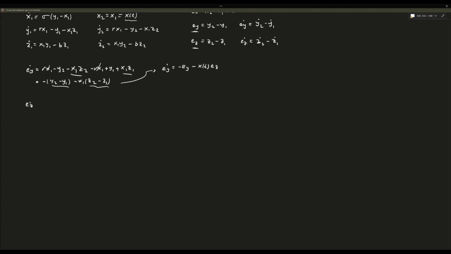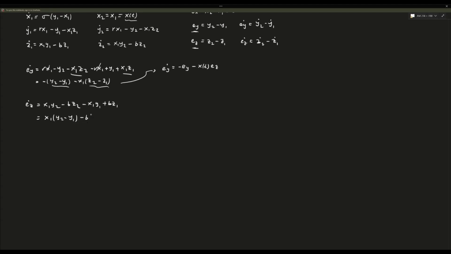Doing the same with ez dot, we'll have z2 dot, x1 y2 minus b z2, minus x1 y1 from z1 dot, plus b z1. Then we'll group these terms here. x1 will be times y2 minus y1.